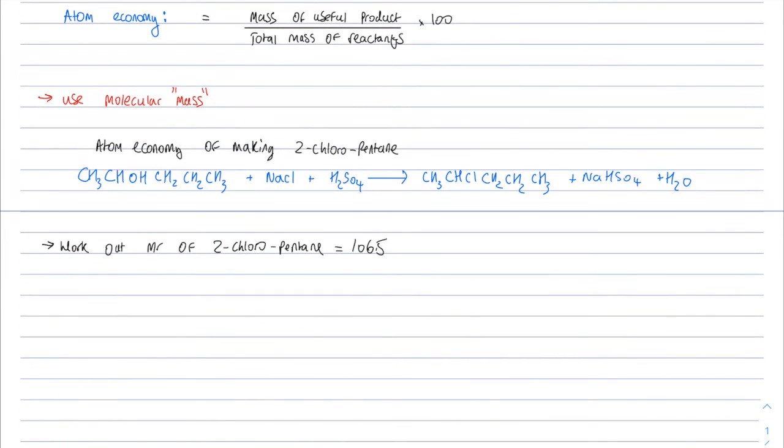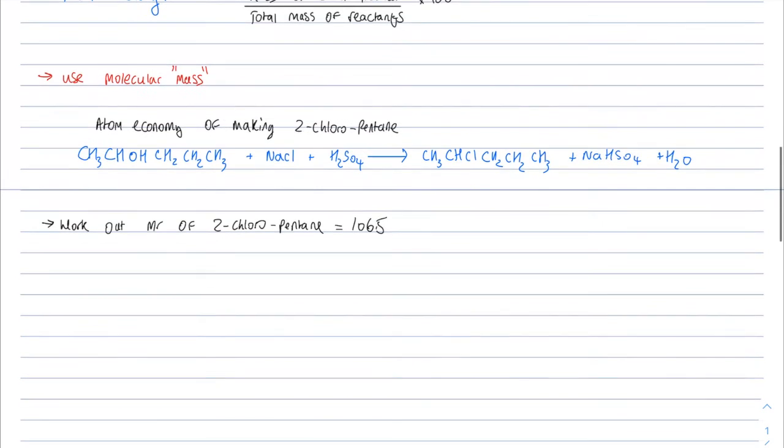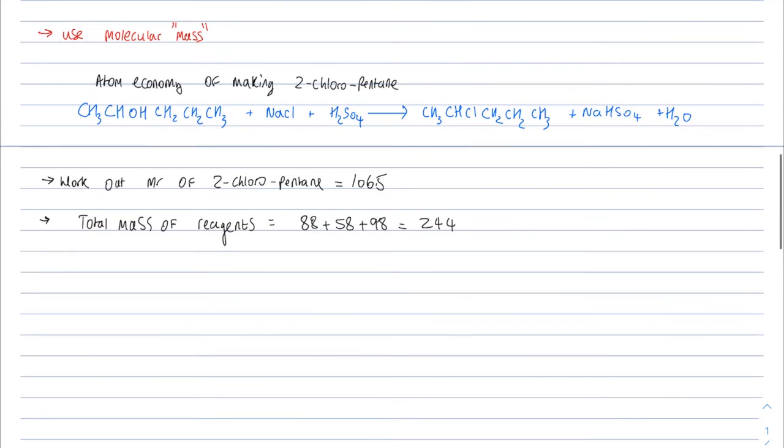Then we have to work out the masses of all our reagents. So the mass of pentan-2-ol, sodium chloride, and sulfuric acid. And we get that the masses are 88 plus 58 plus 98 equals 244.